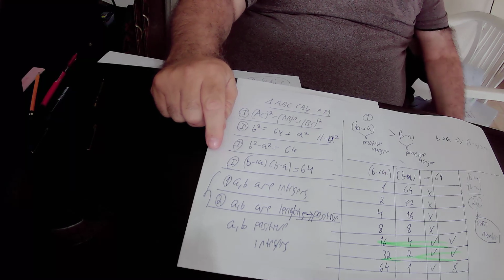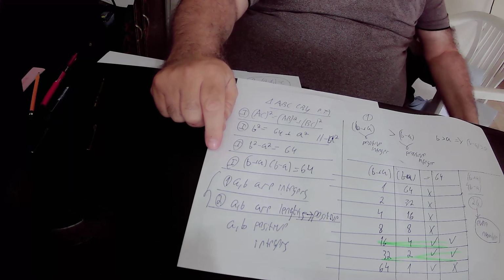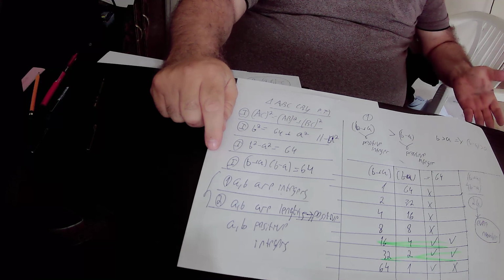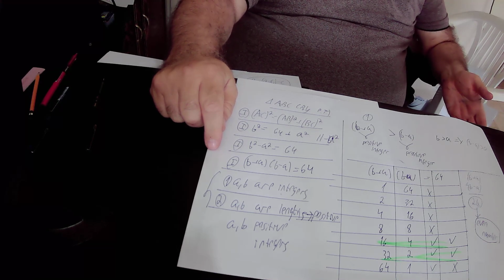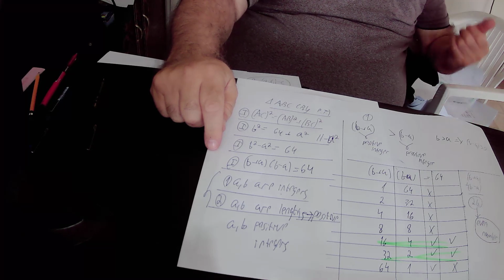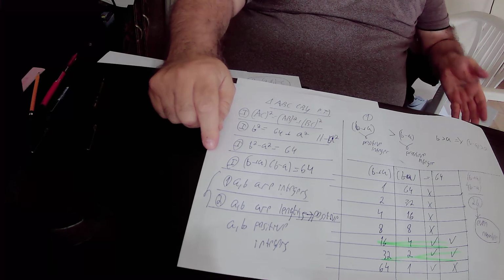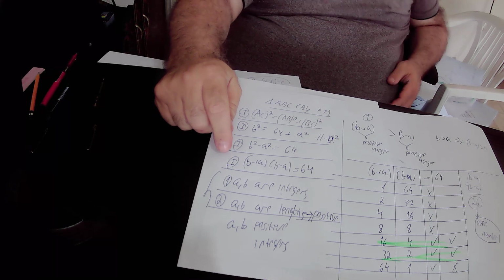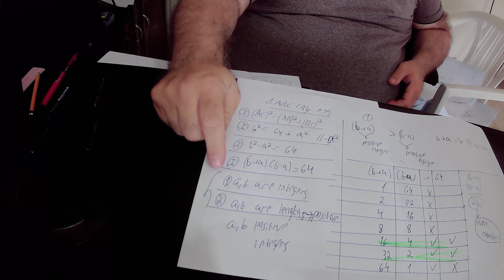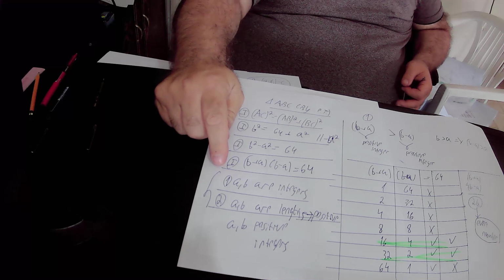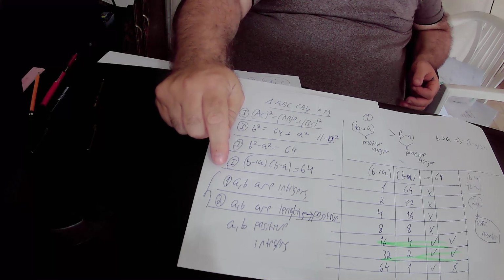And the second thing, we also know that A and B are the lengths of the sides of a right triangle. That is to say, A and B as lengths must be positive numbers. So if we combine those two things together, we conclude that A and B are positive integers.